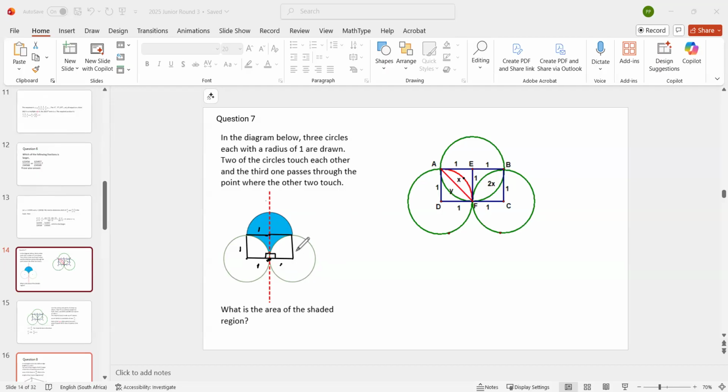All these are 1. So what you have here is a rectangle. See, and so this part here is also 1 here, from here to here. Oh yes, this part is 1 because this is the center of the circle and this is 1. I really needn't have drawn this other part.